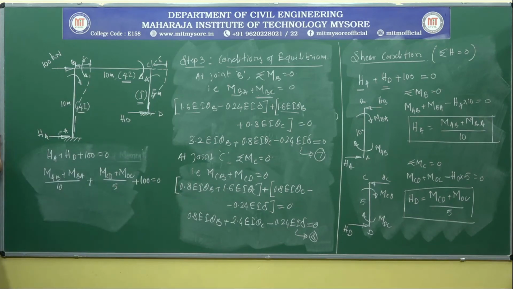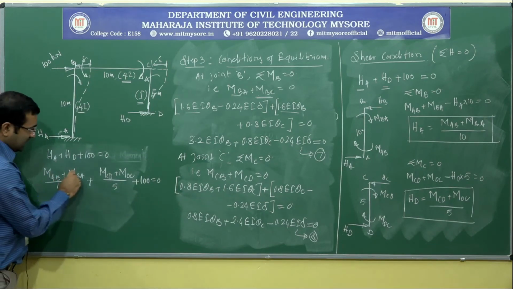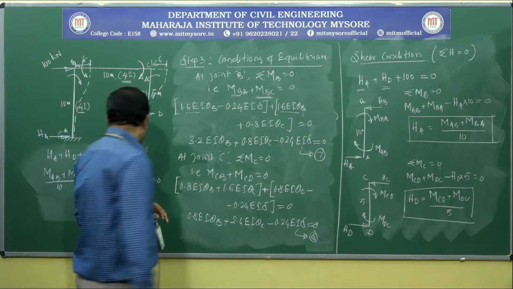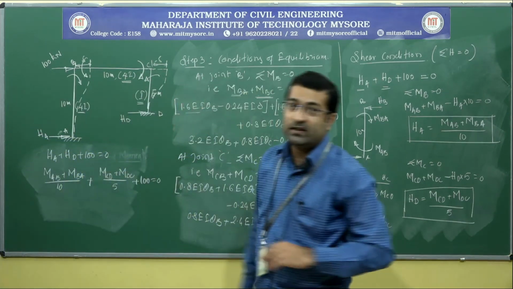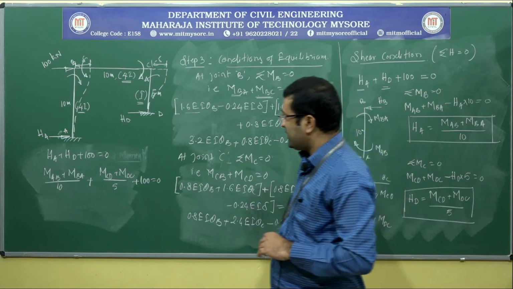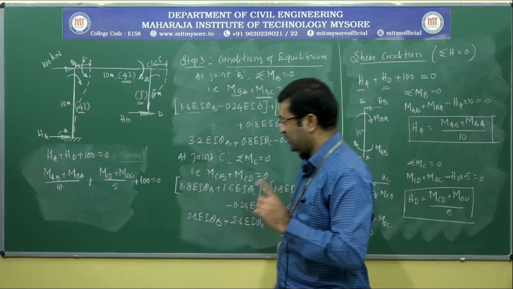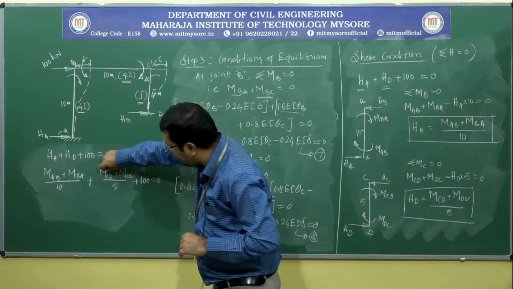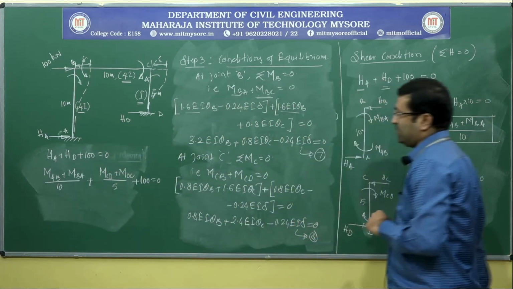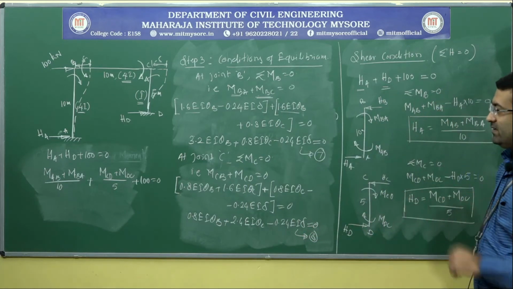In this condition you can see there are 4 terms, MAB, MBA, MCD and MDC. So, we need to substitute the value of MAB and MBA from equation number 1 and 2, and the value of MCD and MDC from equation number 5 and 6.